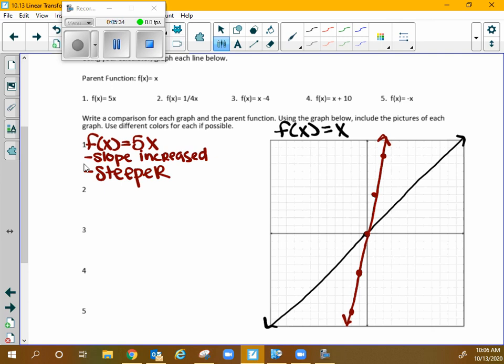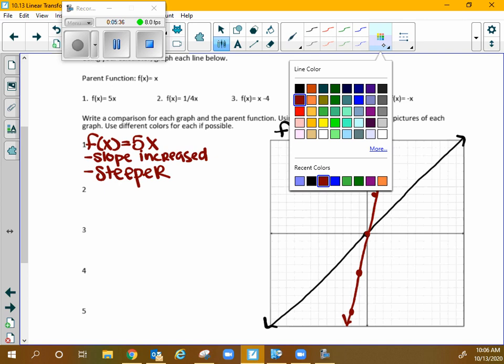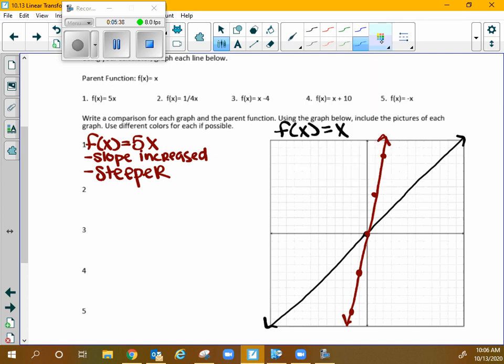Okay, my next equation, f of x equals 1/4 x. So based on that parent function, what happens? It's going to get flattened.